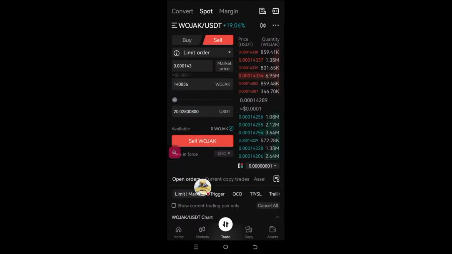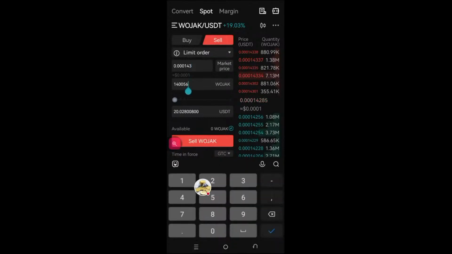Nothing money. Okay, let's remove all of these out. So let's put 1415. Will it go to 15? I don't know. Let's put Wojak here. Okay. That's a lot of money. Let's see where it will go.